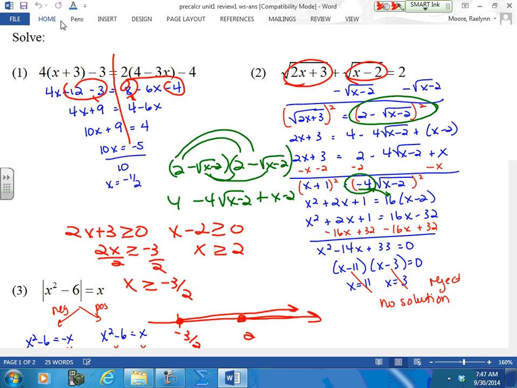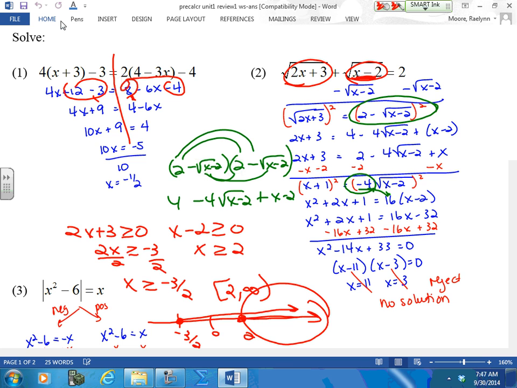It has to work for both. If I put a 0 in here, this one won't work with 0. So you have to use where they overlap. Your restricted domain is where they overlap.